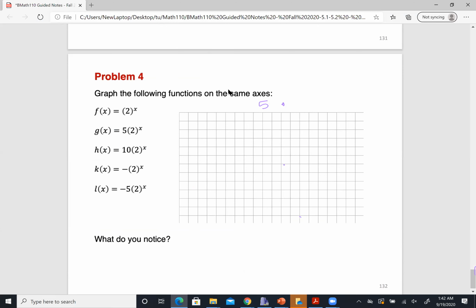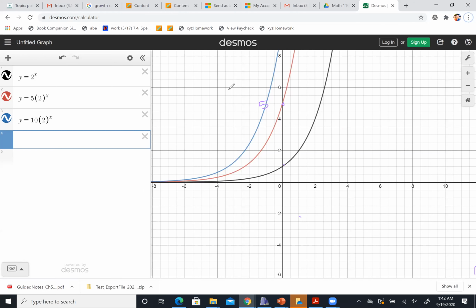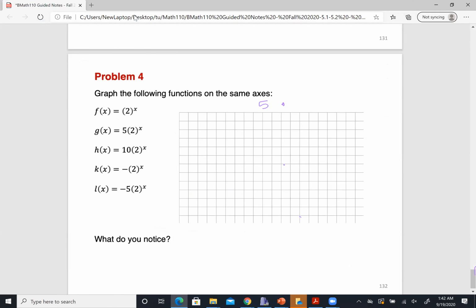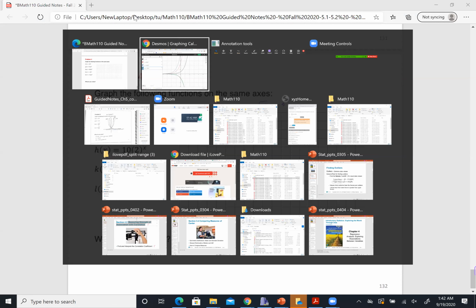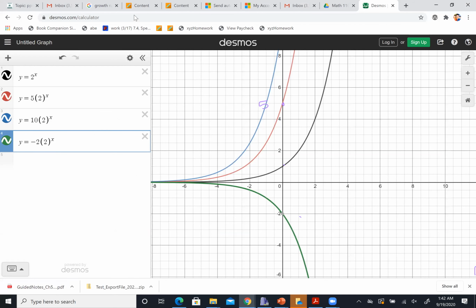Negative 2 to the power x, y equal to negative 2^x. And then the last one is negative 5 times 2^x.